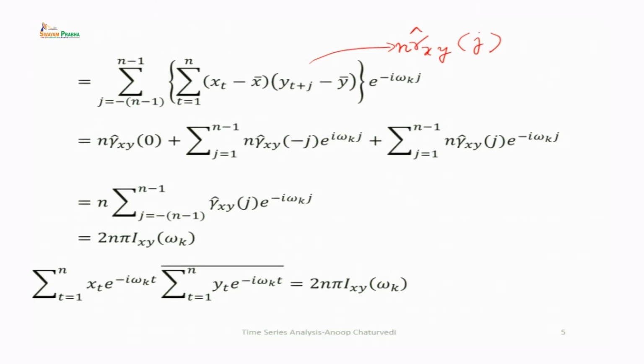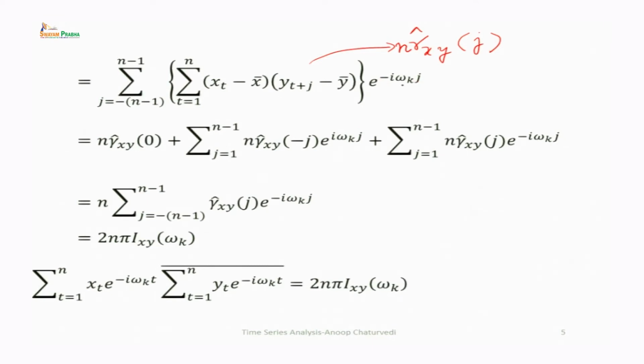So, you just replace minus j by j. So, you get this summation j equal to 1 to n minus 1, n times gamma hat x y, and then you are replacing j by minus j, and e to the power i omega_k, and then you are replacing j by minus j.